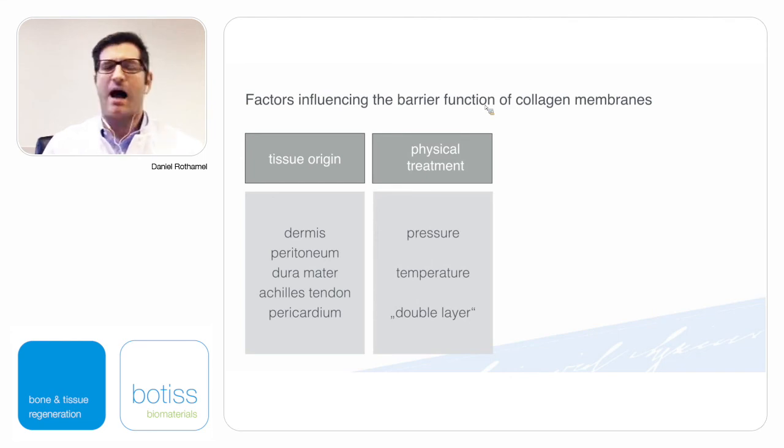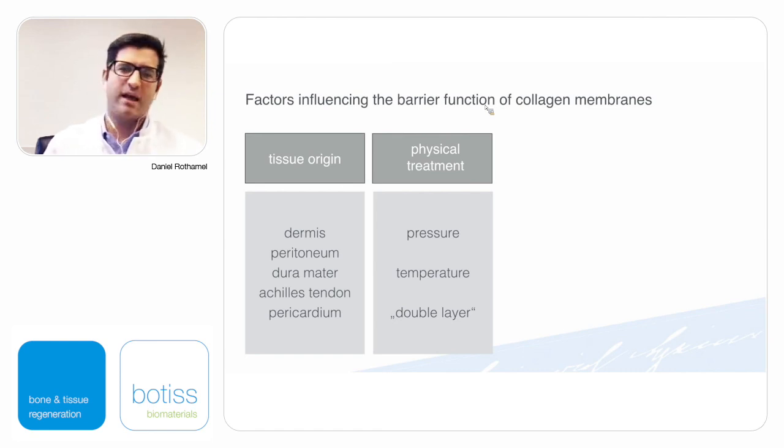It's important how we process the collagen, whether we use pressure, temperature, and also kind of physical treatment. Might be if we are using it in a double layer form, just to fulfill the expectation that a double layered membrane will have the double of the barrier function.